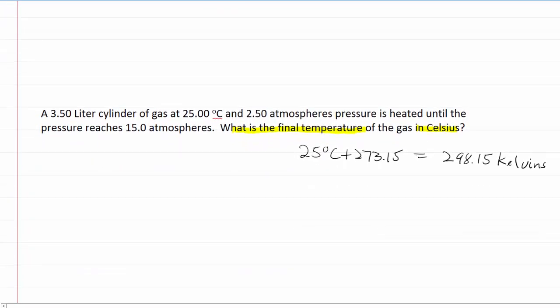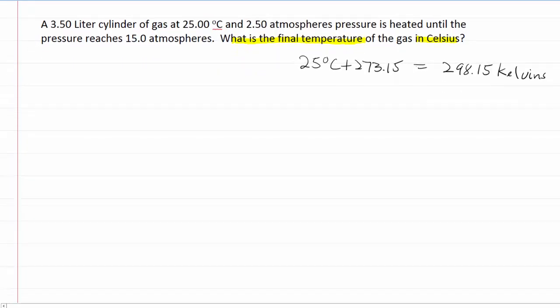Now back to our original problem. We've converted to kelvins. That gets us out of some trouble. Let's just see what we've got. I'm going to make a little table here: P1, V1, T1, and P2, V2, T2.